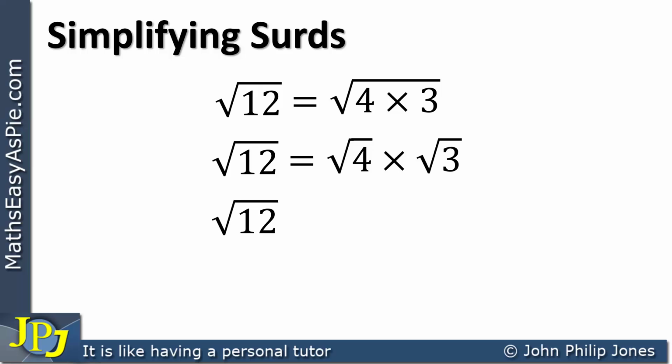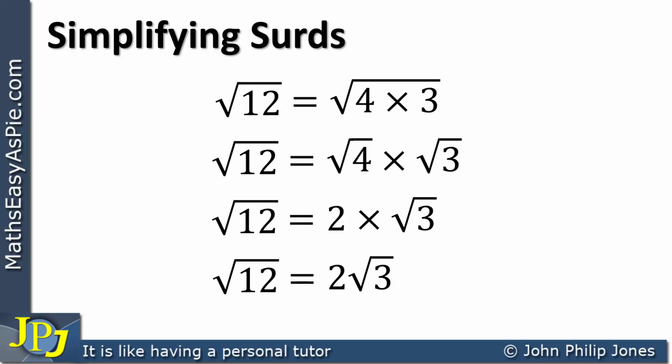Continuing, we can write the square root of 12 equals, now the square root of 4 is 2, so we can bring the 2 down instead of bringing the square root of 4 down. And then of course we can multiply by the square root of 3. We can go further and say that the square root of 12 is equal to 2 square root 3.